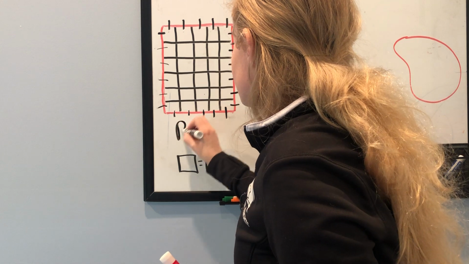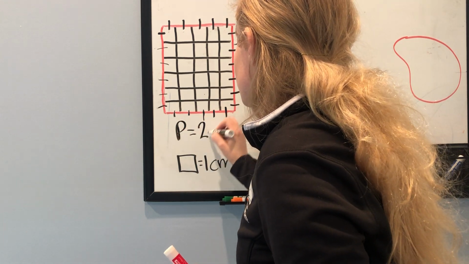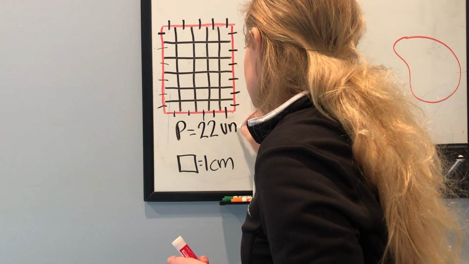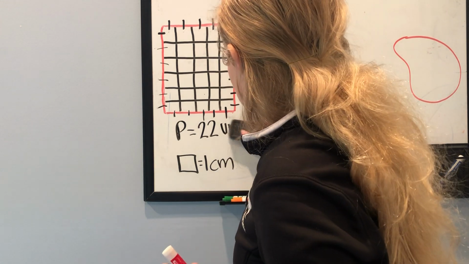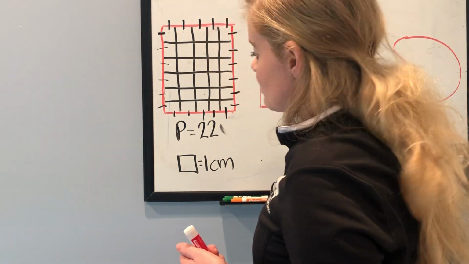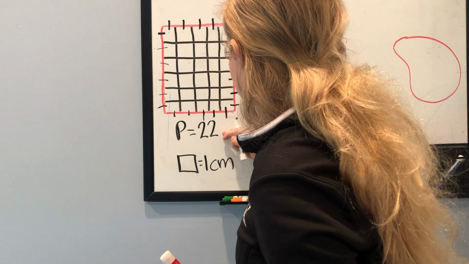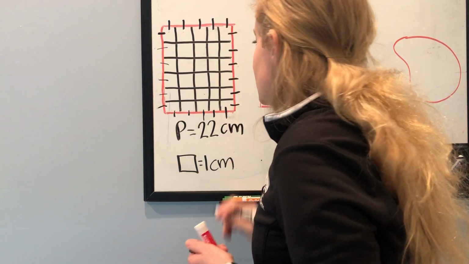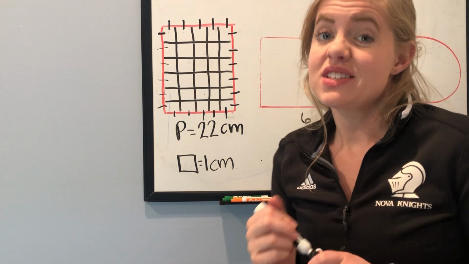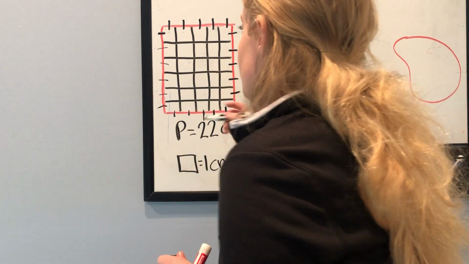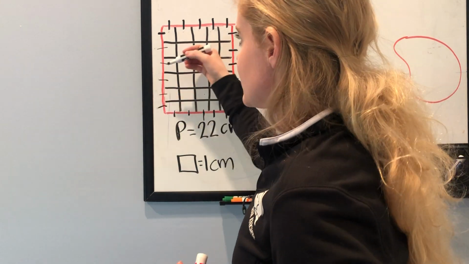So the perimeter is 22 units. Oops, no, not units. We said that the unit was centimeters, so it'd be 22 centimeters.